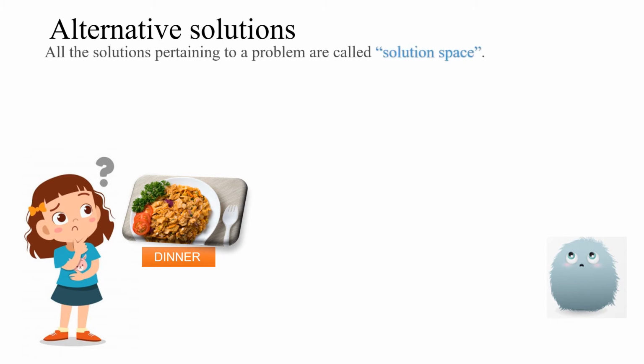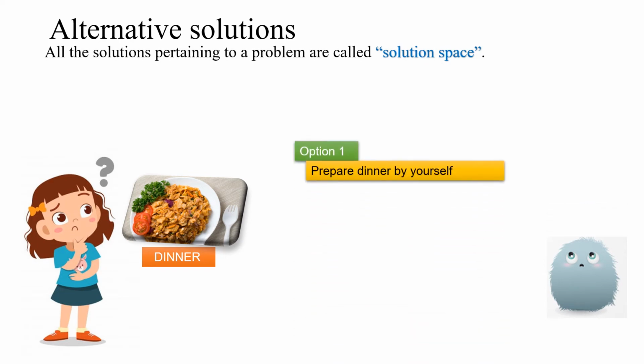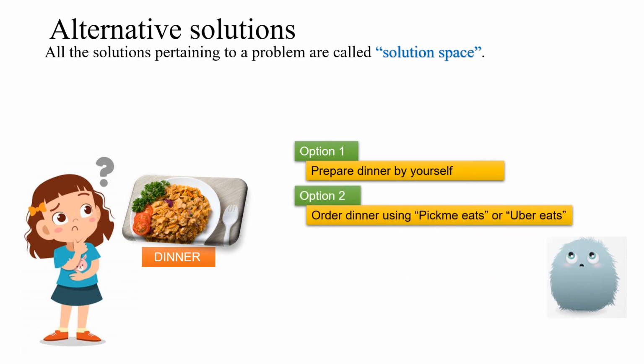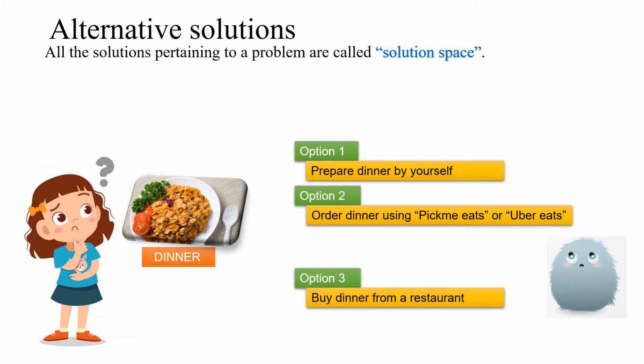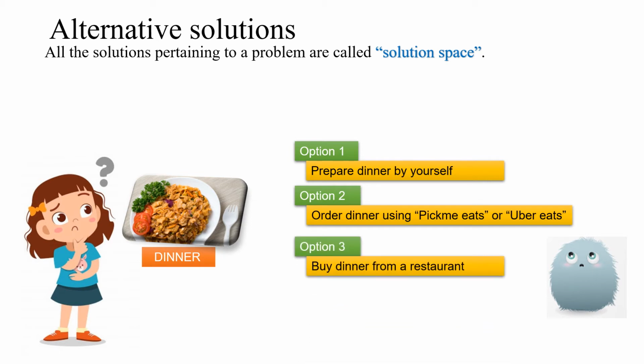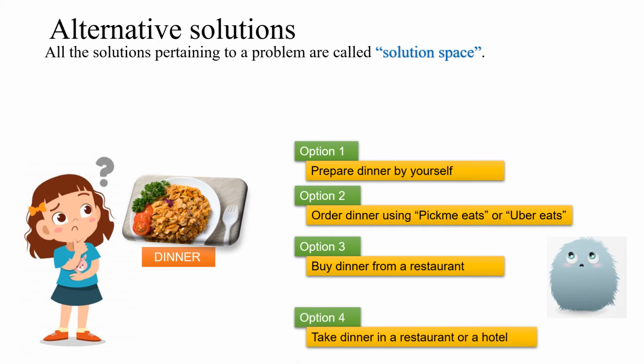All the solutions pertaining to a problem are called the solution space. So there can be option 1, prepare dinner by yourself. Option 2, order dinner using Pick Me Eats or Uber Eats. Option 3, buy dinner from a restaurant.